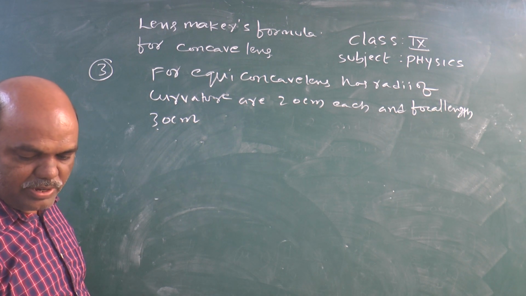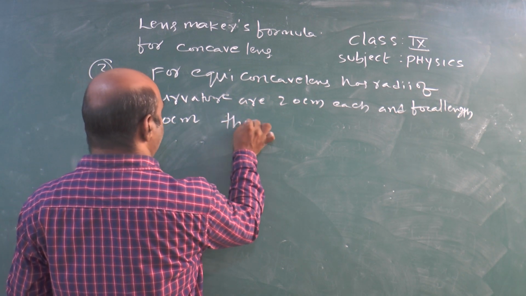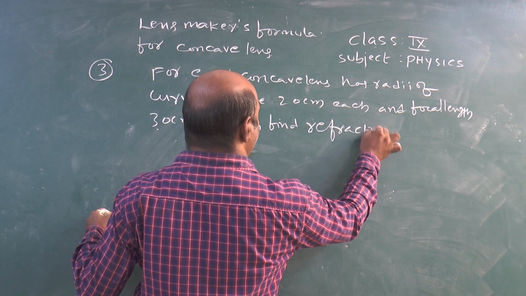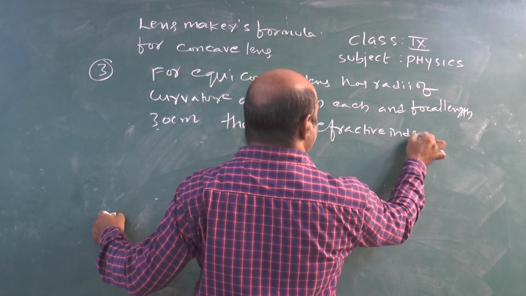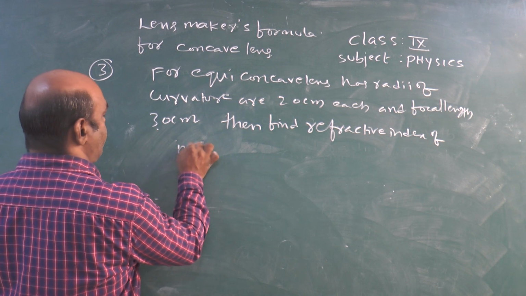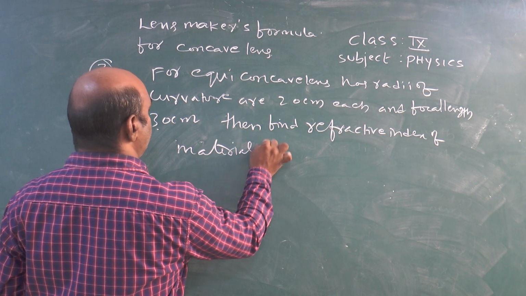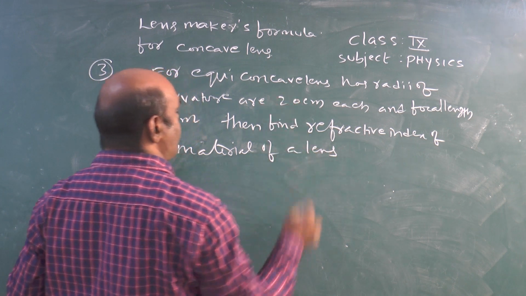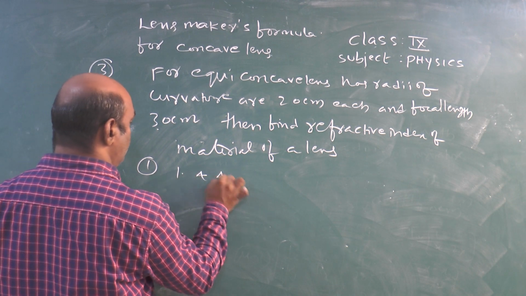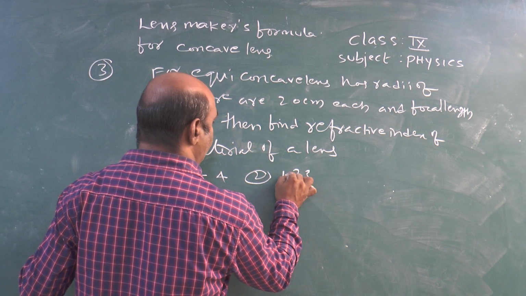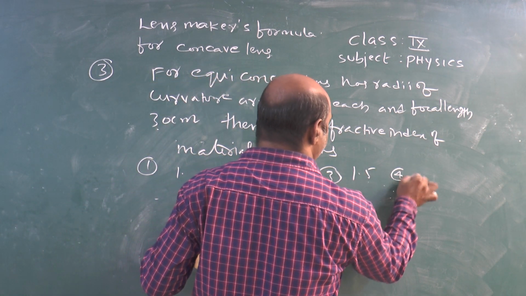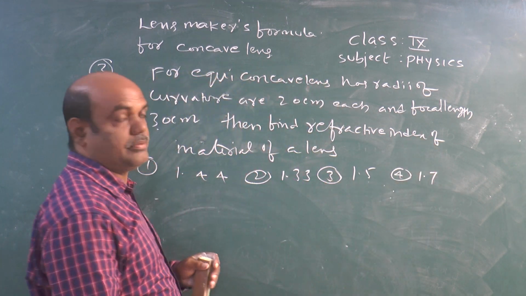Then find the refractive index of the material of the lens. So what are the options here? 1.44, second option 1.33, third option 1.5, fourth option 1.7.